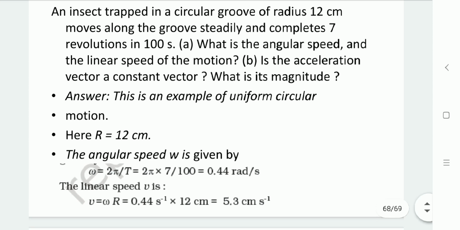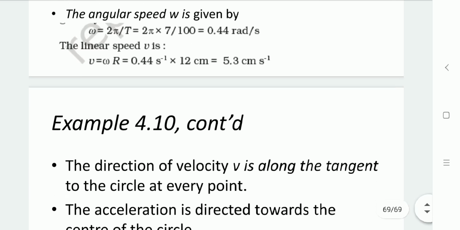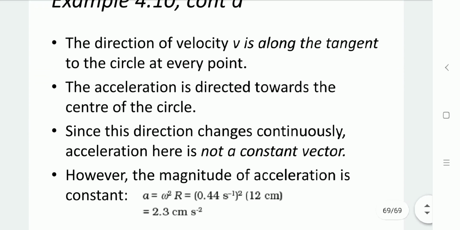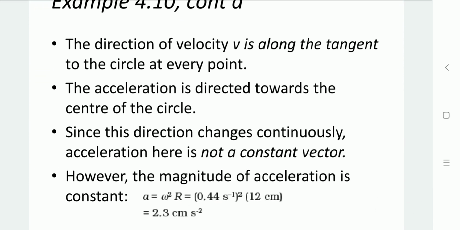Now linear speed, velocity v equals omega into r. R is given, omega was just calculated. Substituting the values, we have linear speed 5.3 centimeter per second. Now, the direction of velocity is along the tangent to the circle at every point. The acceleration is directed towards the center of the circle.